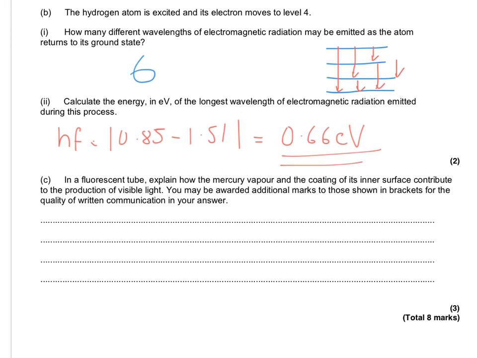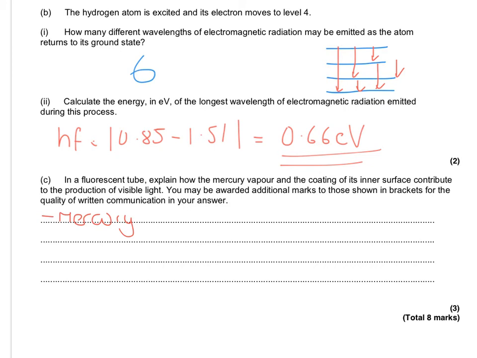Okay, so there's a few stages to go through here. The first stage involves the mercury, so there are some stages before. So we have a filament which has a current pass through it, and that current gives the electrons enough energy to escape. The electrons are then accelerated by an electric field, and this is the point where we need to talk about in this question.